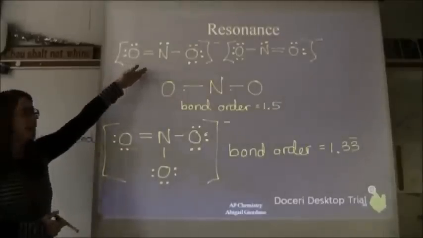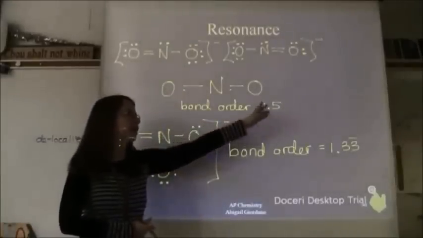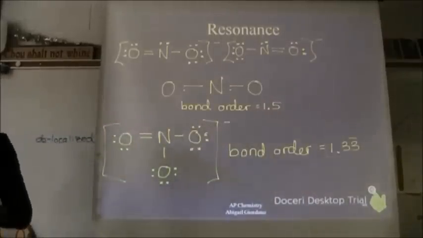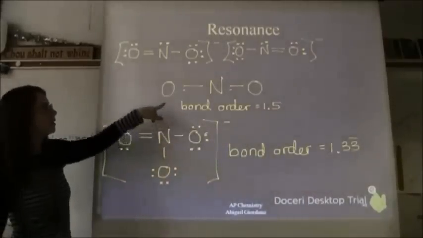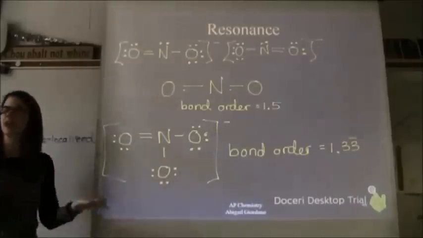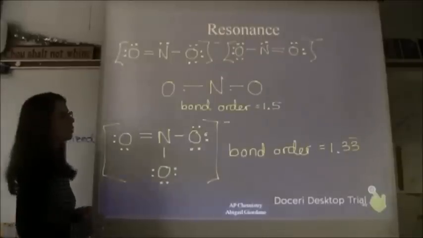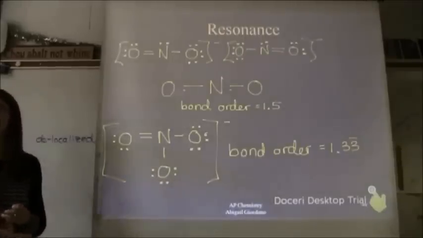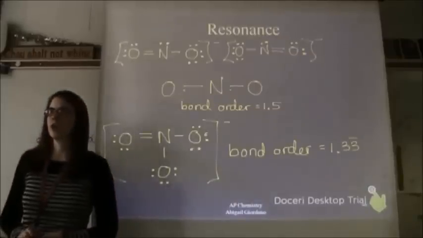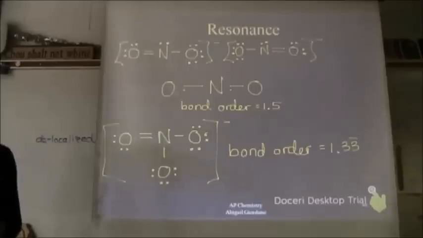nitrite has a bond order of 1.5. Nitrate has a bond order of 1.33. This results in a shorter bond length, something like that. Just to make sure you've got this, which one of these has the weaker average bond strength?